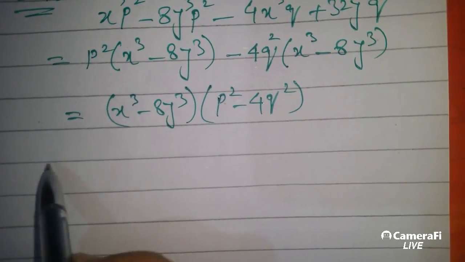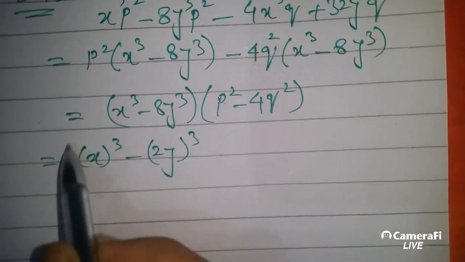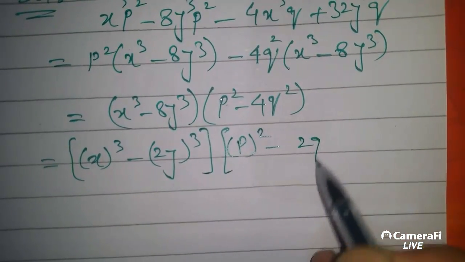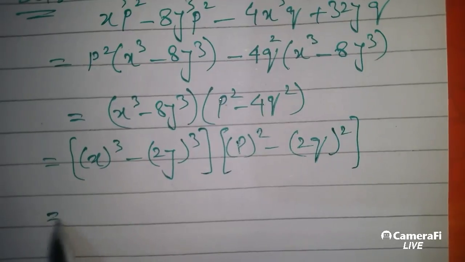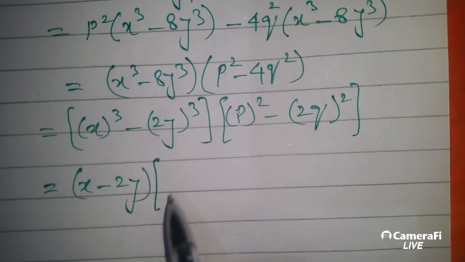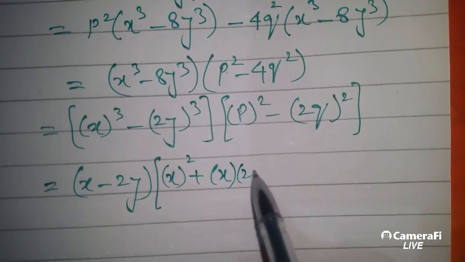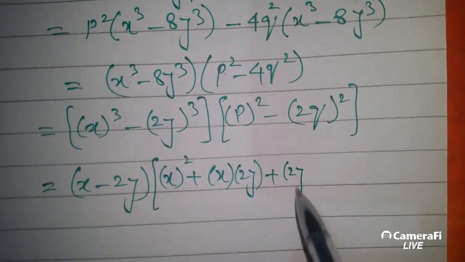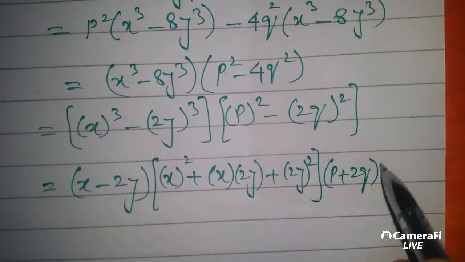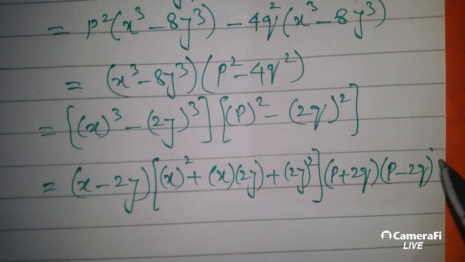Here again we can just apply the formula. Here we can apply the cubic formula, and here we can write p square minus 2q square, and it will become x minus 2y, first term square plus first term into second term plus second term square. And here we can just apply the formula of writing the terms with a plus sign between and with the negative sign between.